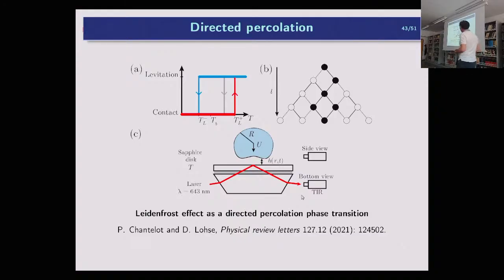I'm not going to explain much detail about this, but they explain the hysteresis by seeing in the experiments, using interference fringes, that there is a percolation phase transition, which means that if it touches at one point, then the location of the touchdown of the drop is going to be related to a percolation process. In my opinion, it doesn't explain why it is subcritical, but at least it's a clue to prove that it is indeed subcritical.